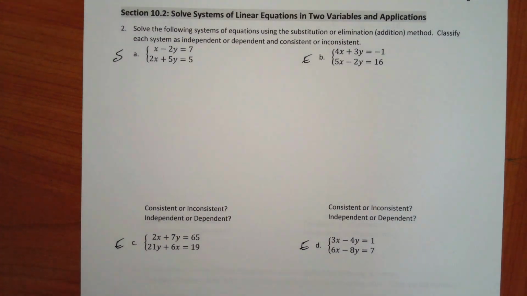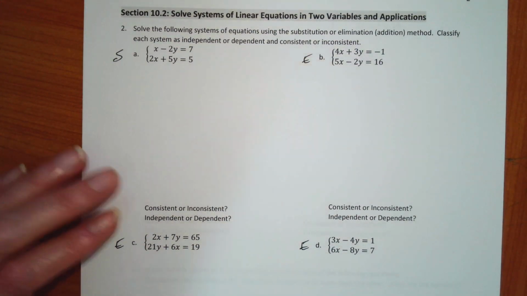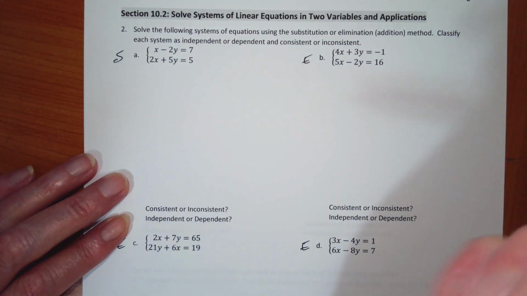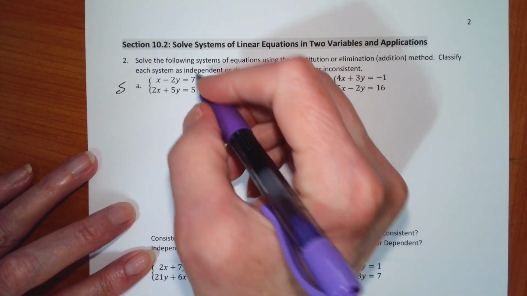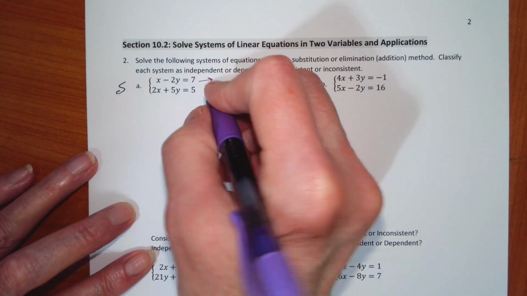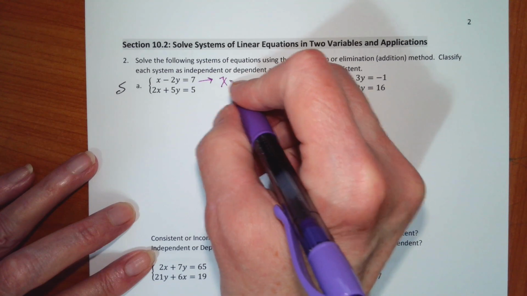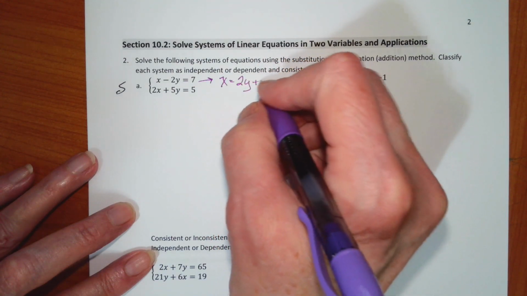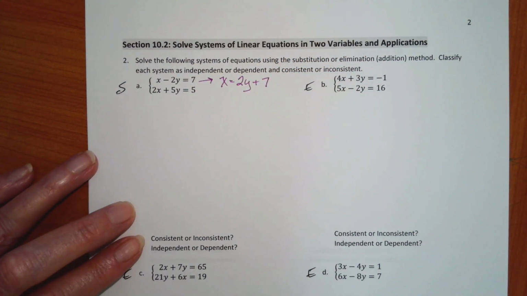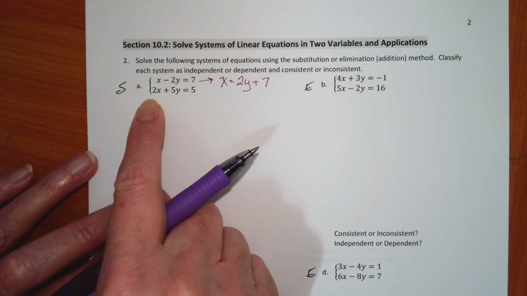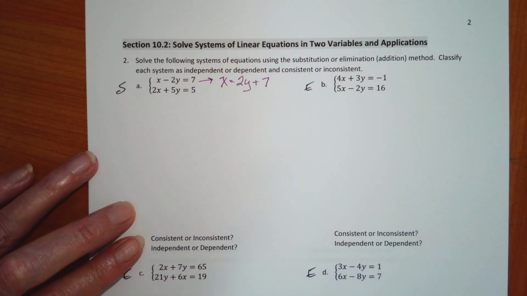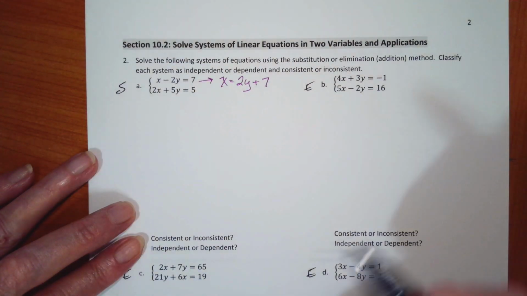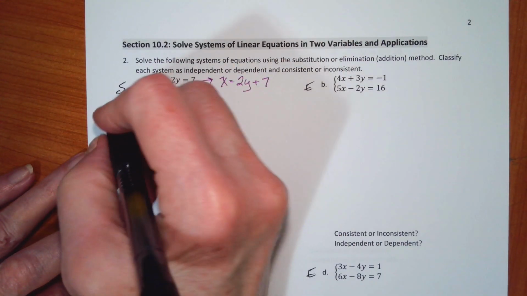All right, so here's what's going to happen. I'm going to take this first one here, and I'm going to solve for x. So this becomes x equals 2y plus 7. So now in this equation, I'm going to replace the x with 2y plus 7.